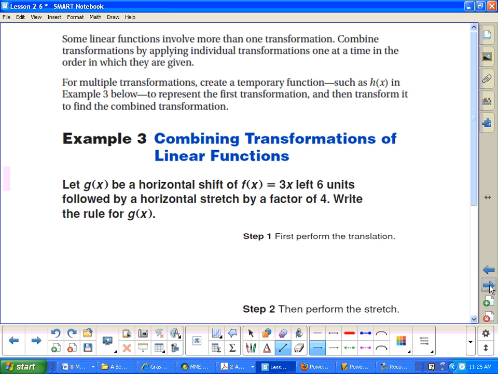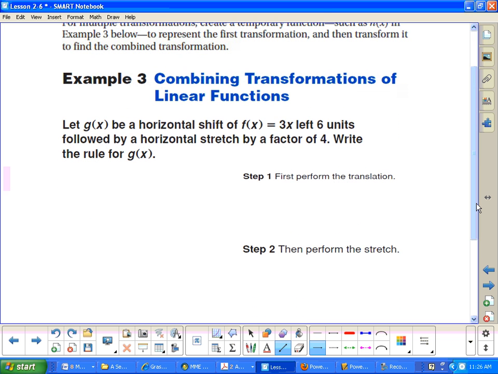Okay, putting them together, where we have to do more than one. This is very important, using the letters to be able to do this. Combining transformations. We're going to take g of x, and it says it's a horizontal shift of f of x equals 3x to the left 6 units, followed by a horizontal stretch by a factor of 4.